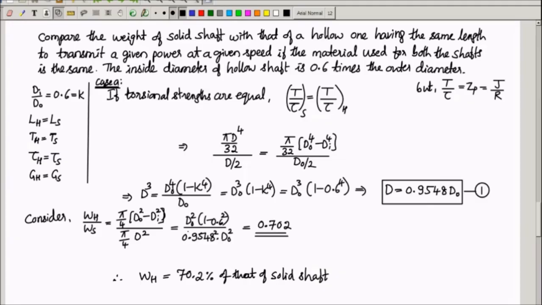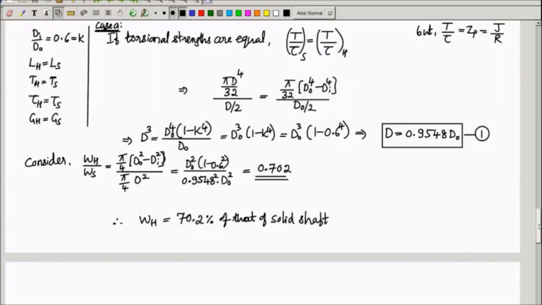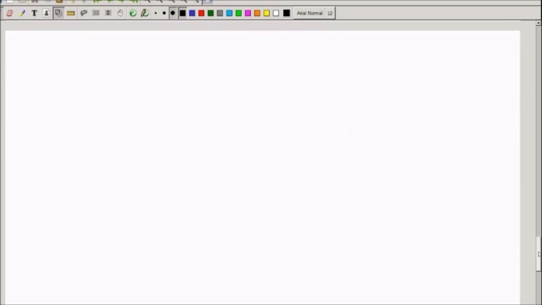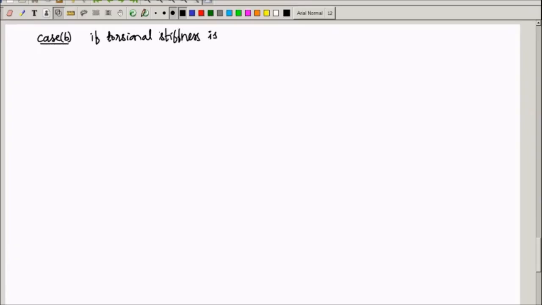This is case A when we equate torsional strength. Same can be done for case B with torsional stiffness also. We'll do that here. Case B. Torsional stiffness or torsional rigidity is what? It is T by theta. T by theta of hollow shaft is equal to T by theta of solid shaft.